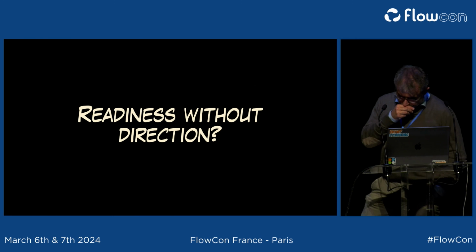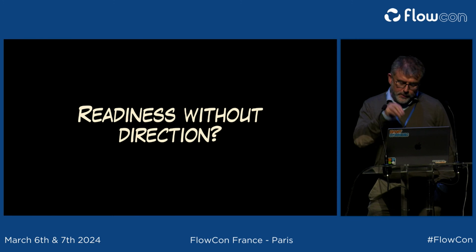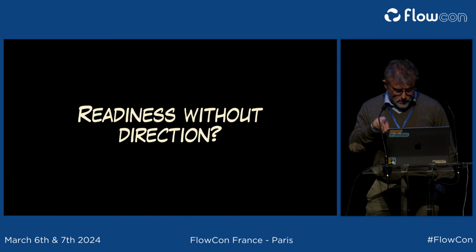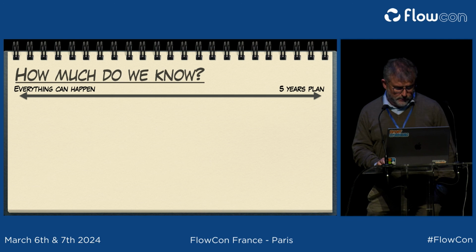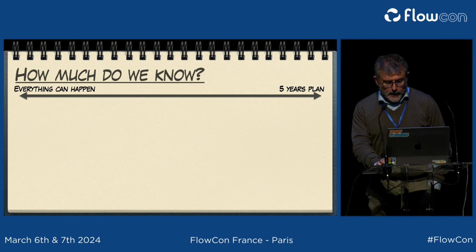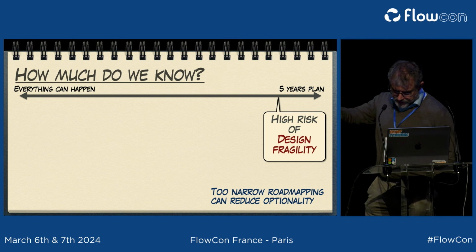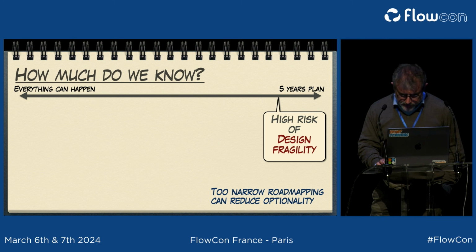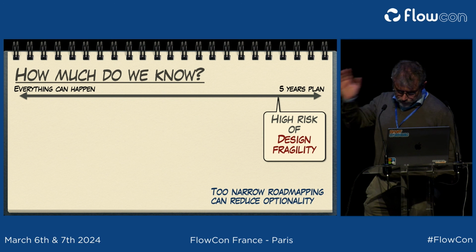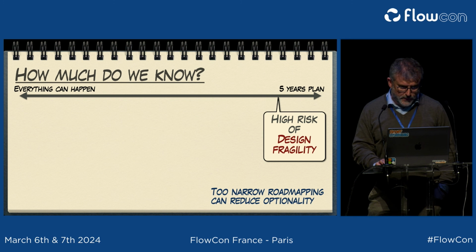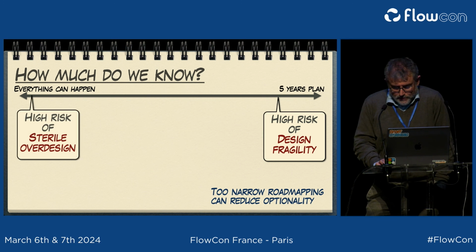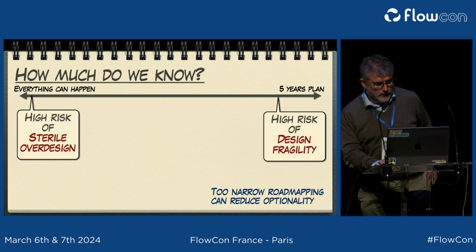Second problem here is we would like to be ready, but we don't know what we should be ready for. And there's a lot of misconceptions, so once again, it depends. There's places where there's a clear roadmap about this is what you would like to do in the next 5 years, and that might be a rabbit hole in terms of fragility.